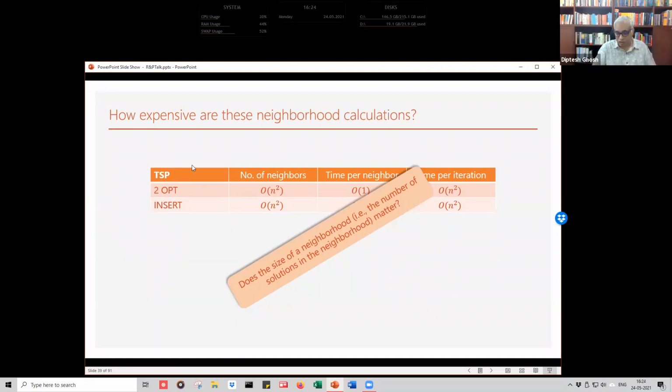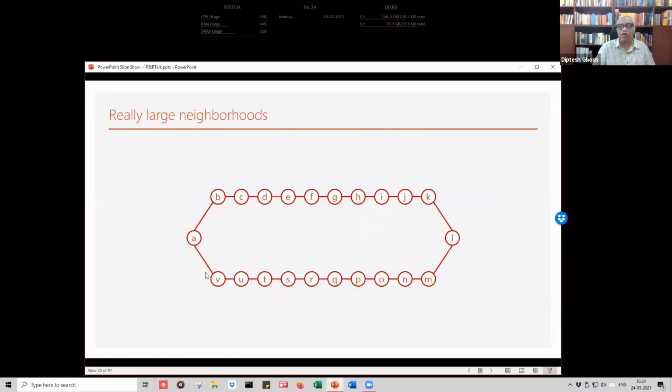People sometimes talk about exponential neighborhoods or really large neighborhoods. Let me give you an example. Suppose I have a traveling salesman problem with about 20 to 23 points, and suppose this is one solution to the problem. What is a really large neighborhood?